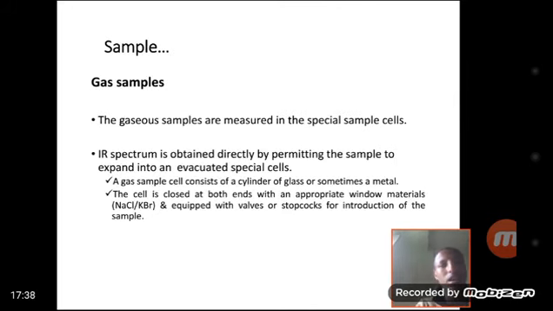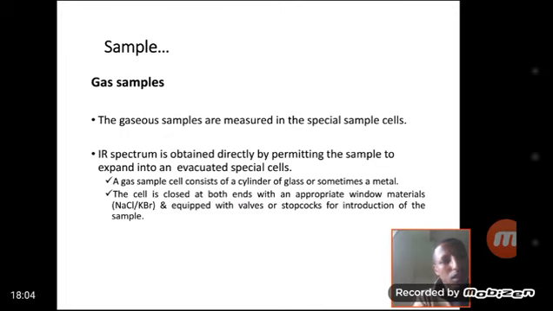The other form of sample is gas samples. The gas samples are measured in special sample cells. The IR spectrum is obtained directly by permitting the sample to expand into evacuated special cells. A gas sample cell consists of a cylinder of glass or sometimes metal.